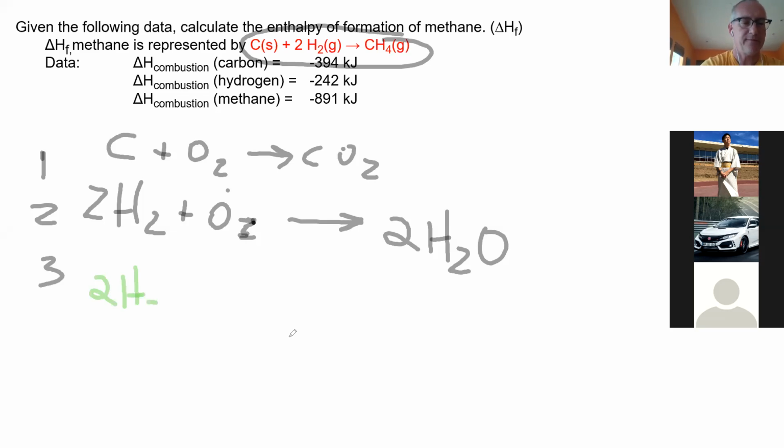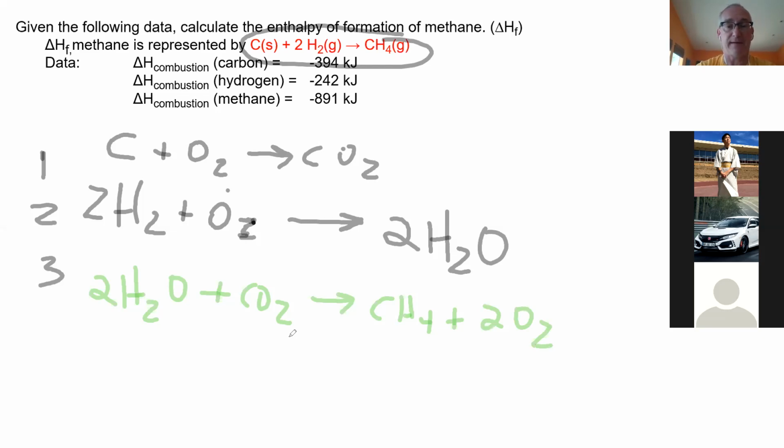When I flip it, it's going to be 2H2O, plus, gives us CH4 plus 2 O2. There we go. So the energy associated with that will now be positive. So that will be plus 891.